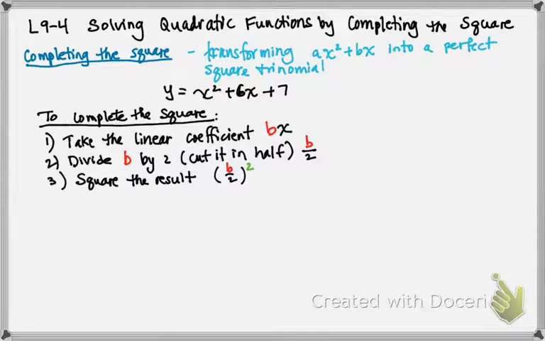To create a perfect square trinomial, we're now going to take that value, what we got in step 3, and add it to the expression.